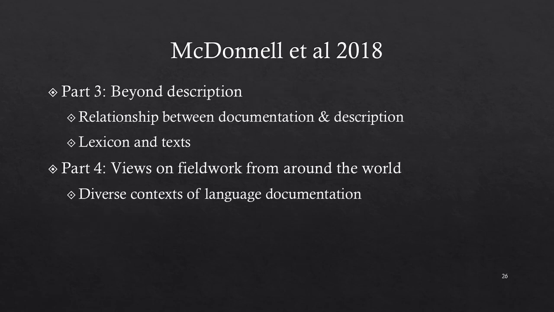The third part of the collection is articles that look at the relationship between documentation and description, as well as the importance of lexicon and text in documentation projects. And the fourth part of the journal articles is a collection of diverse perspectives on language documentation from people who have worked on documentation in different parts of the world.